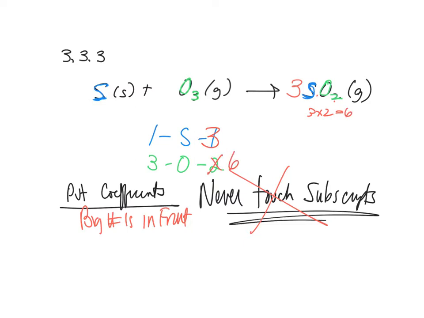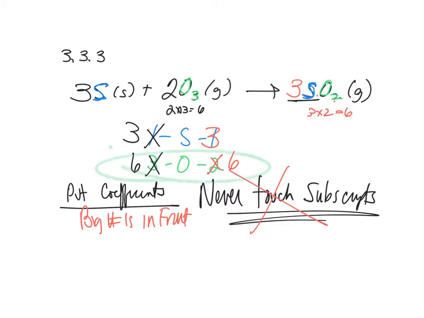And if we want 6 oxygen, what do we put in front of here? Put a 2. So 2 times 3 is 6, so over here we can make that 6 oxygen. And then here we have 3 sulfurs, so we can put a big 3 there, and now we have 3 sulfurs. So as you can see, your oxygen's balanced, and so is your sulfur. And that is your balanced equation.